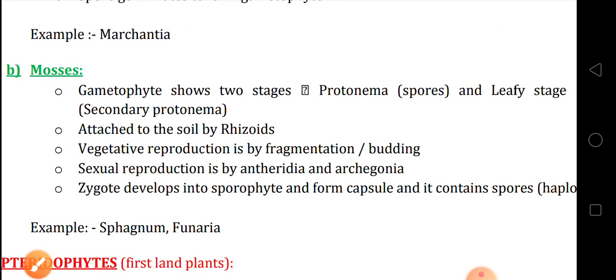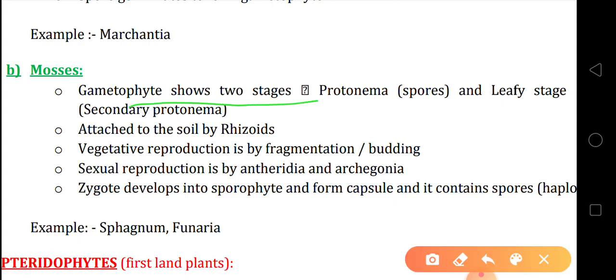Next, that is mosses, the next class of the bryophytes, in which the gametophyte shows two stages. Number 1, protonema. Number 2, leafy stage, that is secondary protonema.